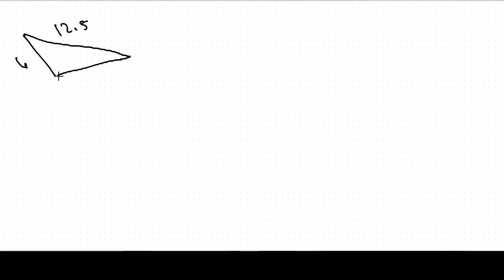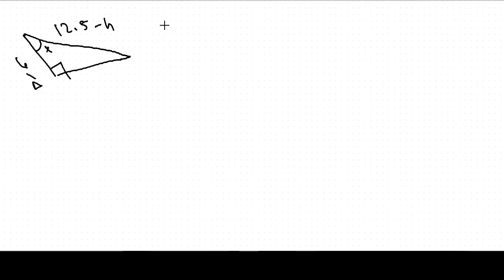Okay, so first, I don't like the way this is written, but first you would do, shoot, I forget how to find the other side. Alright, find the angle first. Find the angle first. You see where I marked that angle? That would be hypotenuse and adjacent.